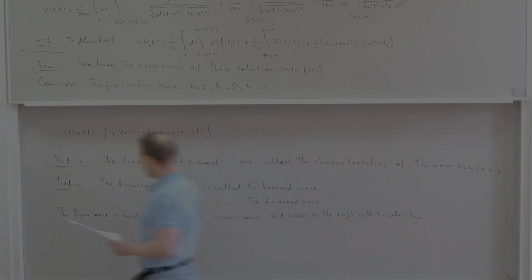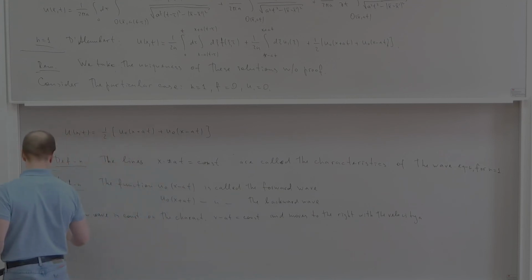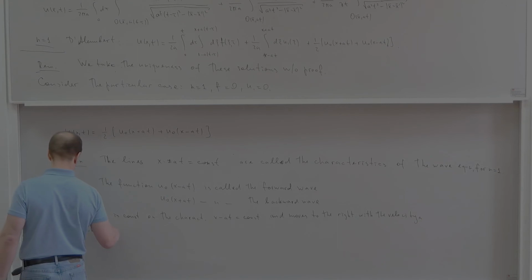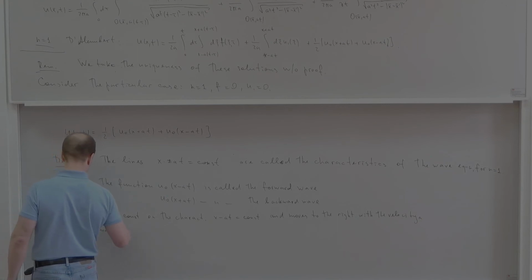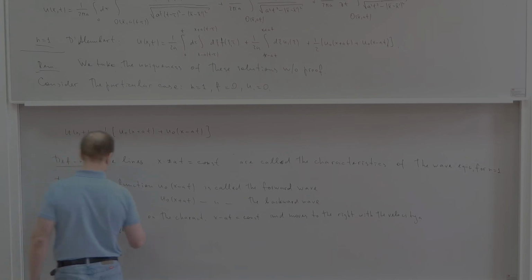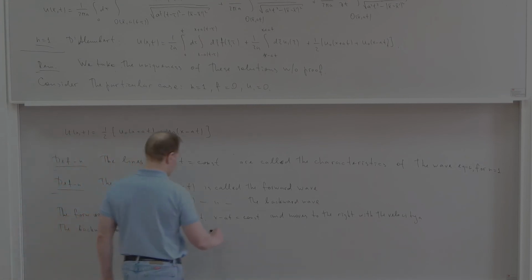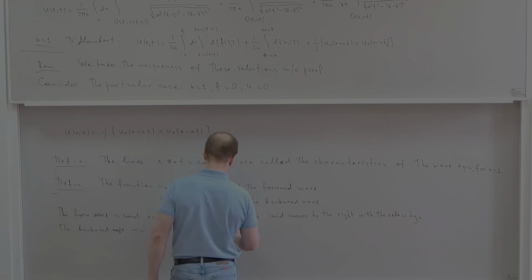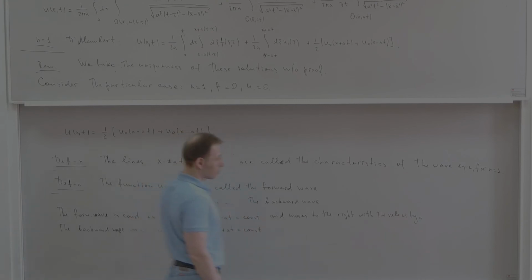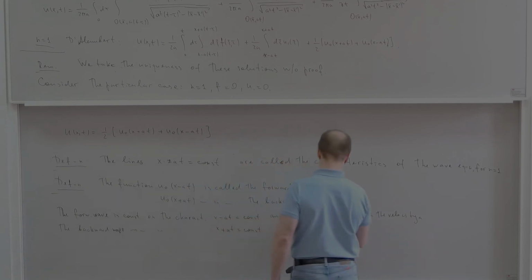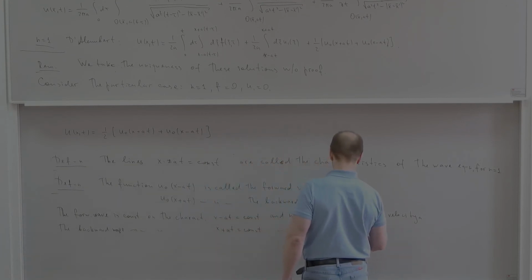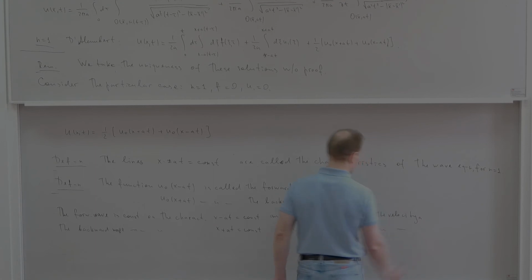And as for the backward wave, it is constant on the characteristic x plus at is equal to constant, and it moves to the left with velocity a.